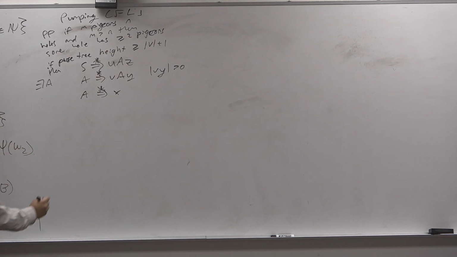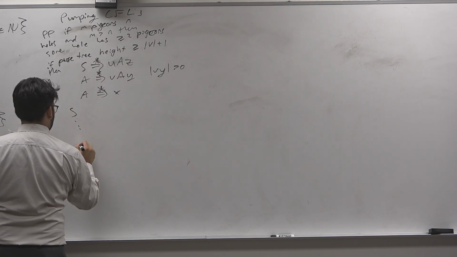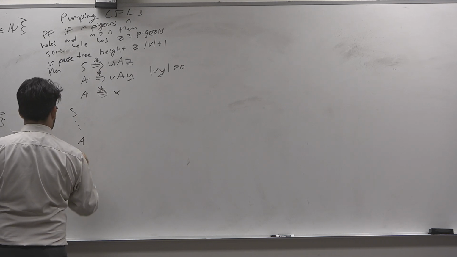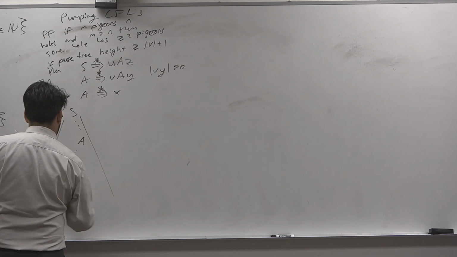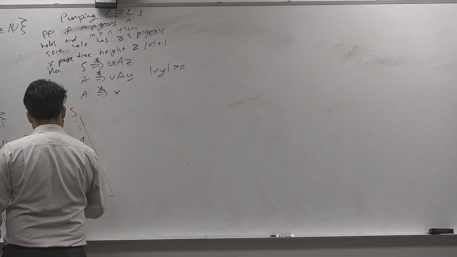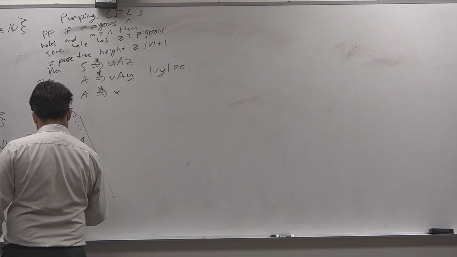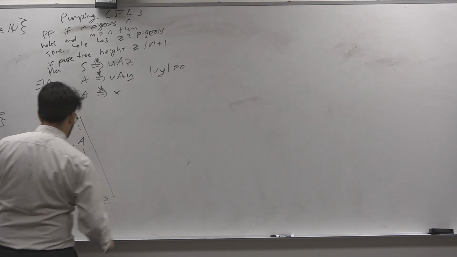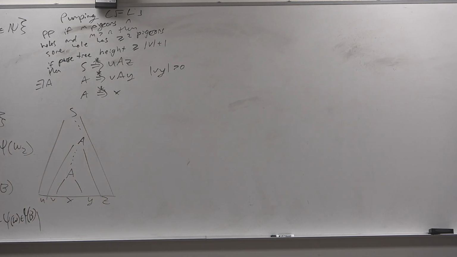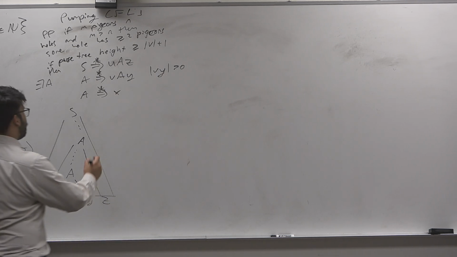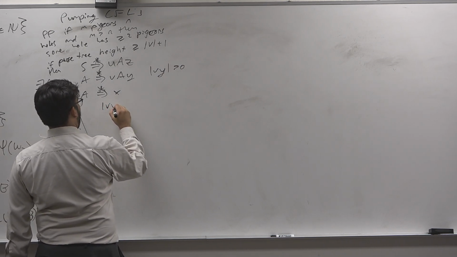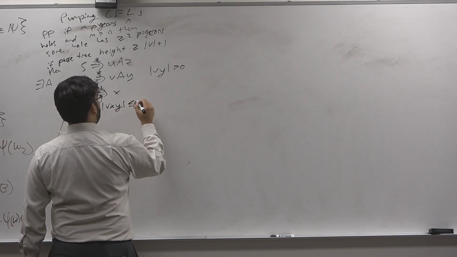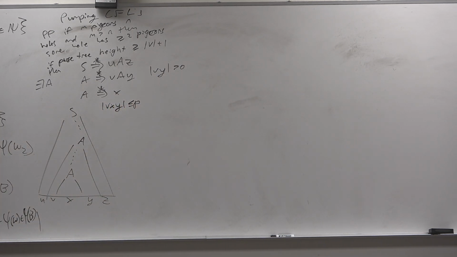And we observe this because we have the parse tree S to some A, to some A. Okay, right? That's basically how that whole thing played out. And what else did we have? We had that the length of VXY was less than or equal to p, right? That's basically how we constructed the pumping lemma.